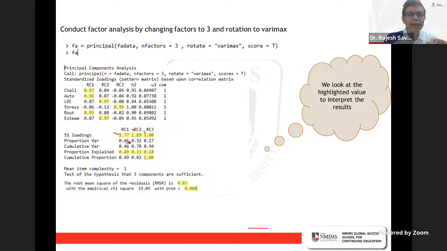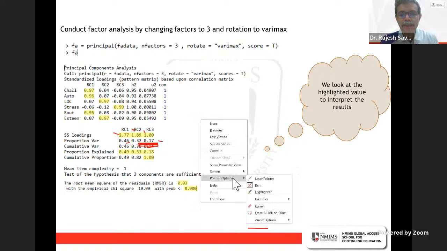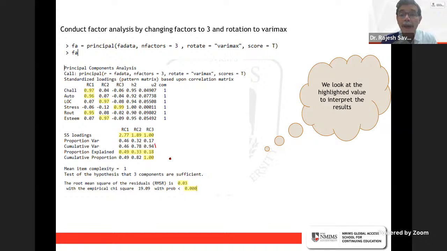So the proportion of variation is 0.46 plus 0.32 plus 0.17, and if you add them, it will be 100. Okay, this is cumulative variation. Eventually it will be 100. Cumulative is, sorry, it is 94. I'm sorry, one second. It should be 100, but it is 94. Why?